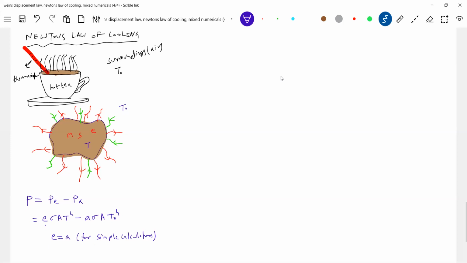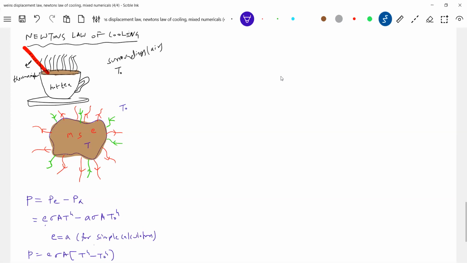There's no rule that E must equal A for any body. They're nowhere related. Emissivity and absorptivity need not be equal for a given body. So since E equals A, I'll take E sigma A outside.